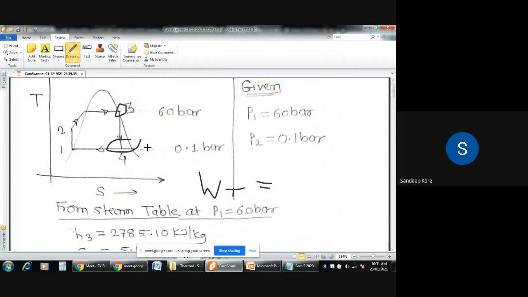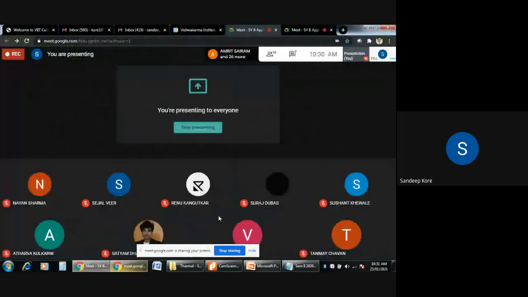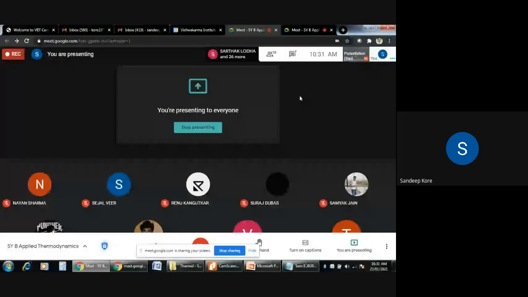State point. Yes, anybody of you? At which point is the turbine going to start? Yes, Tanmay. 3.